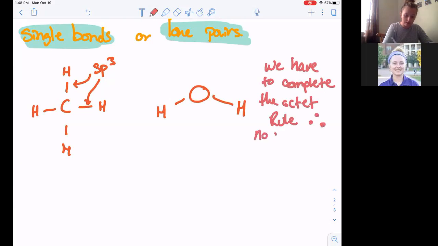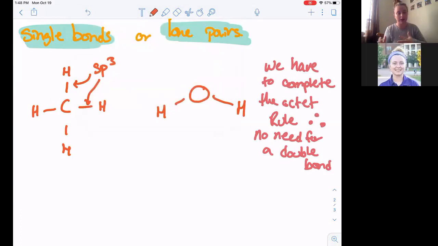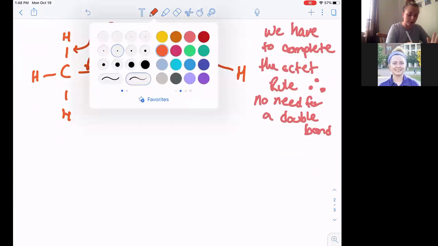There's no need for a double bond because oxygen wants to have 8 electrons and oxygen already has 6. Let's write this out so this can make more sense.